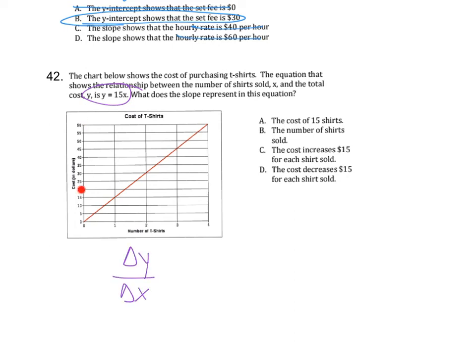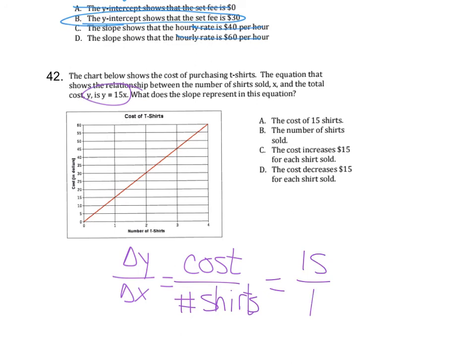My y-axis is cost, and my x-axis is the number of shirts. So that means that's 15 over 1. That's $15. My cost is 15 for every 1 shirt.